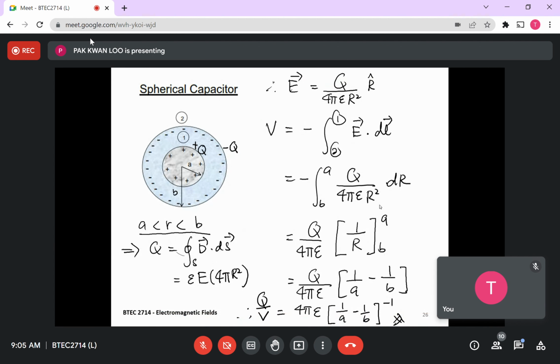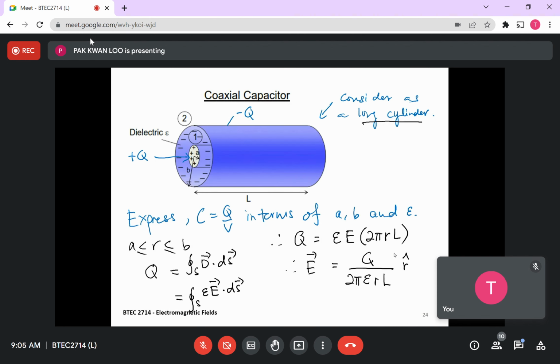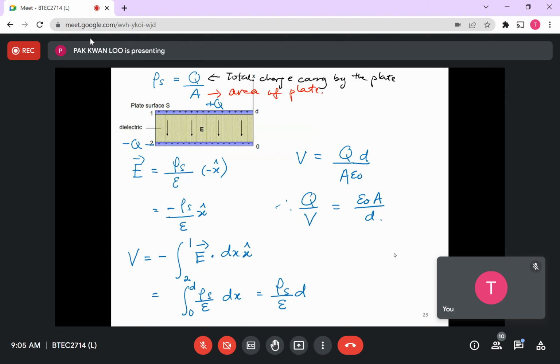Okay, so yesterday I have shown you three examples on how we can obtain the capacitance of three common configurations. One is the parallel plates. So the idea is just applying Gauss's law and then the potential.